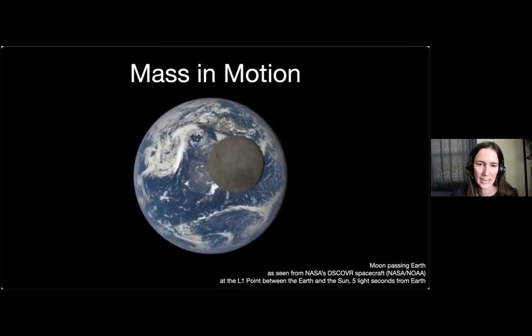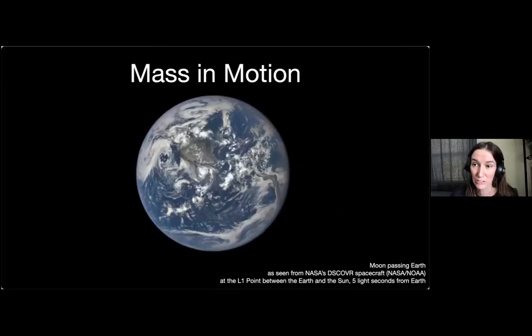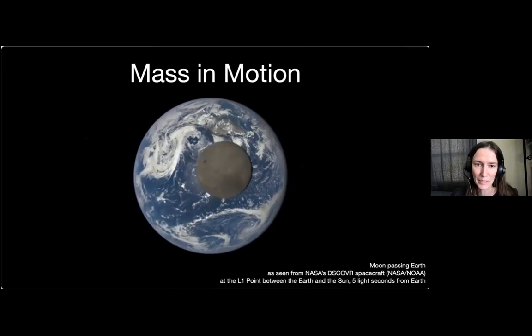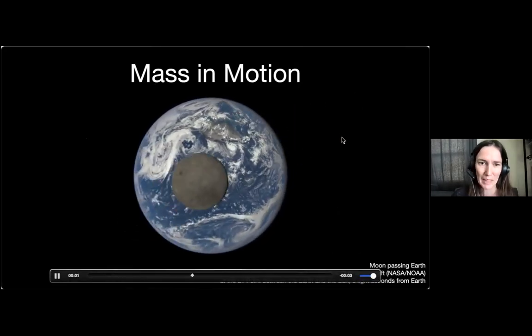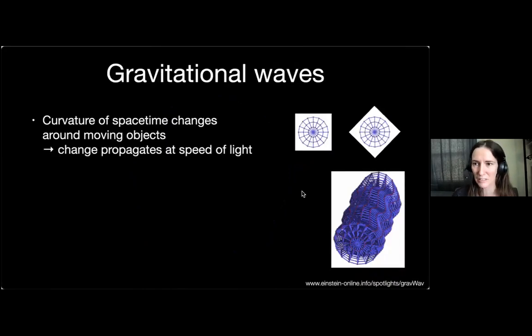Any change in the gravitational effects you feel from this distant source must propagate to you in a relativistically sensible way. This is how we fundamentally expect or end up with gravitational waves.